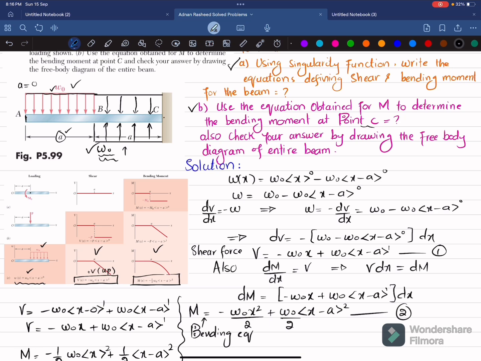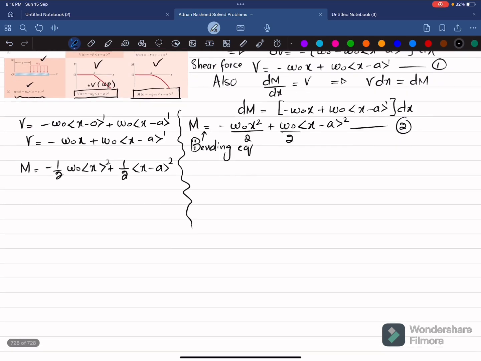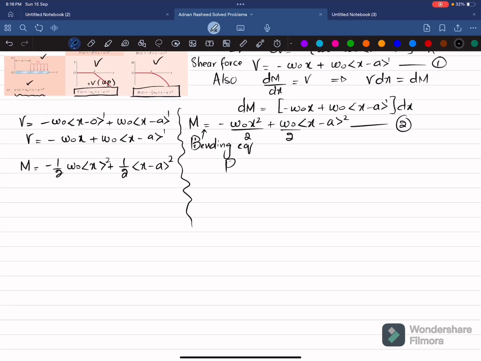So what is C? C is here. So here x is equal to 2a. So put, this is your part B. Put x is equal to 2a in equation 2.